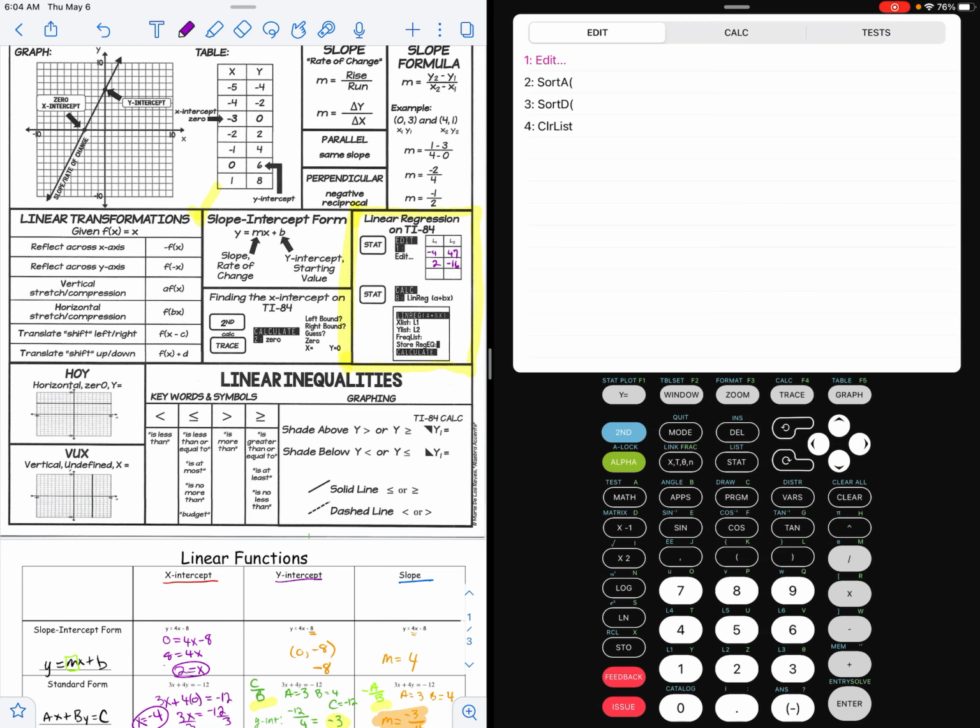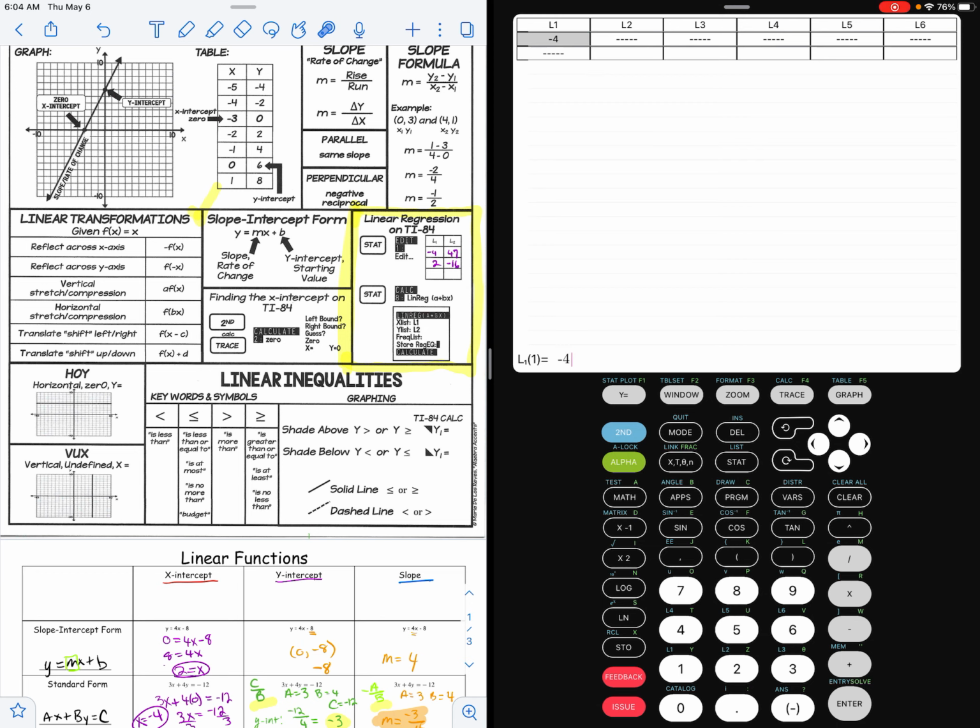Press stat, tap 1 for edit, and in L1 we're going to put our x's, so negative 4 and 2. And in L2 we're going to put our y's, so 47 and negative 16.